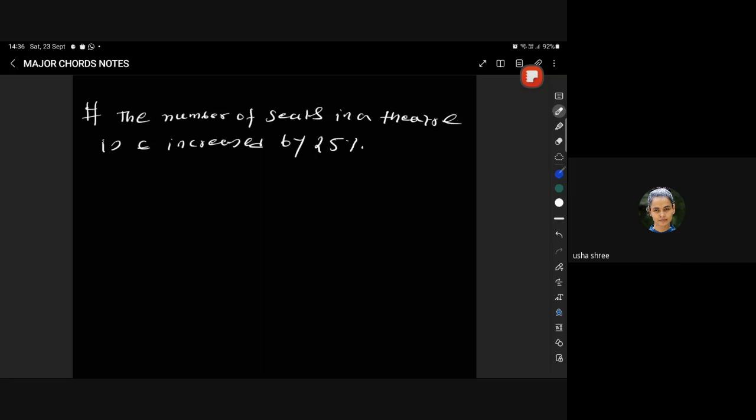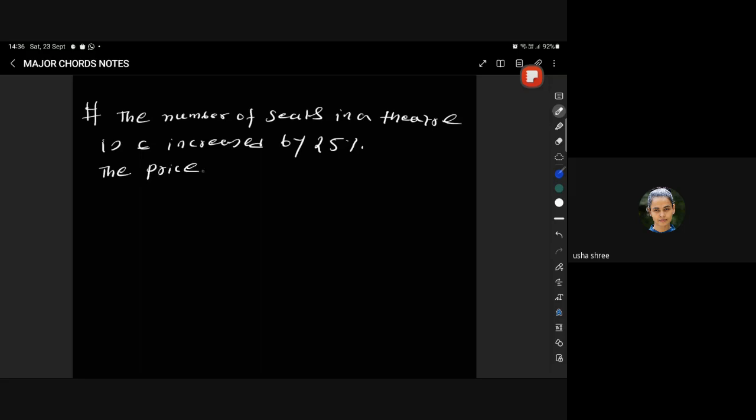If there were previously 100 seats, now it is how much? 125. Okay, increased by 25%, 125. Ticket price also increased by 12%.